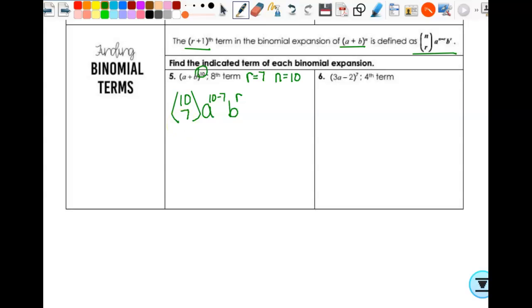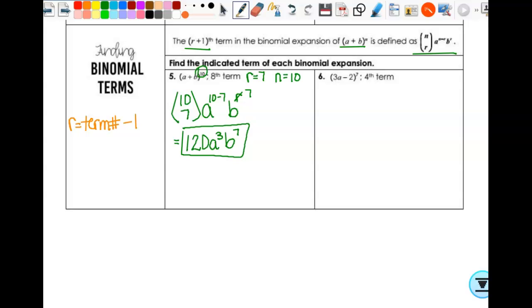So if you type that in, what do you get? 120. So you'll have 120 a cubed. Oh, why did I put b to r? R is 7. I could have put 7 there. Sorry. B to the 7th. So remember to find your r, that's equal to the term number minus 1, because r is the element number. We okay with that?